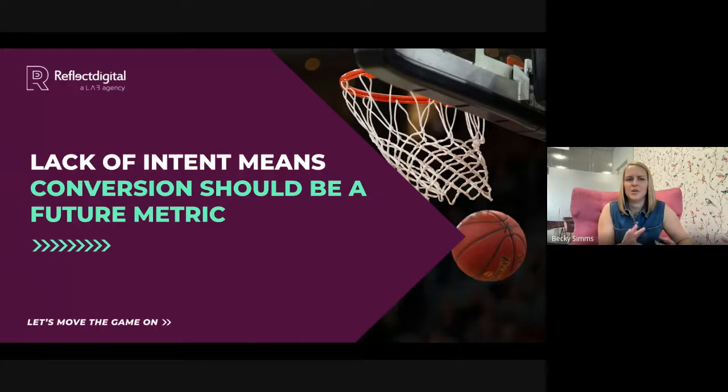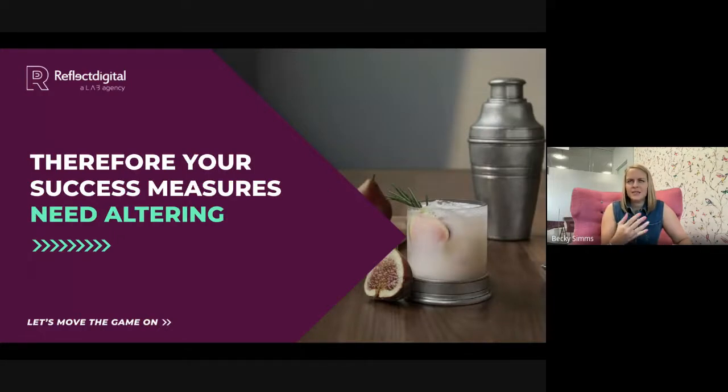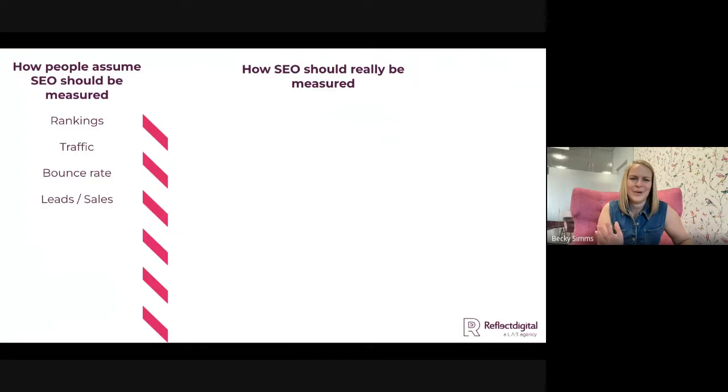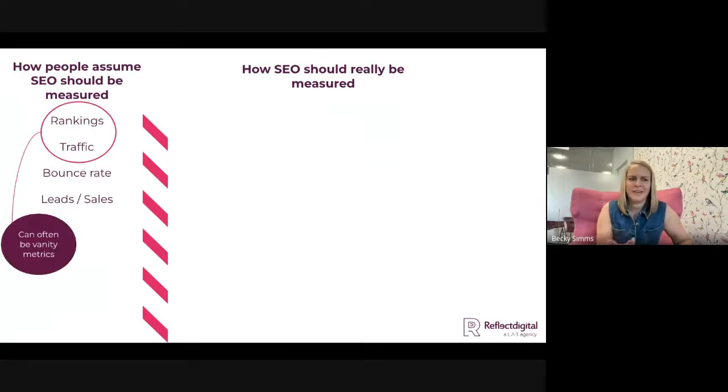Now I'm going to spend some time talking about this throughout, because your success measures are really important, and getting these right is what will make you look good as an SEO person for delivering on your strategy. So I've got an ugly functional slide alert. I apologize, it's really ugly, but it does what it needs to do. How people assume SEO should be measured: rankings, traffic, bounce rate.